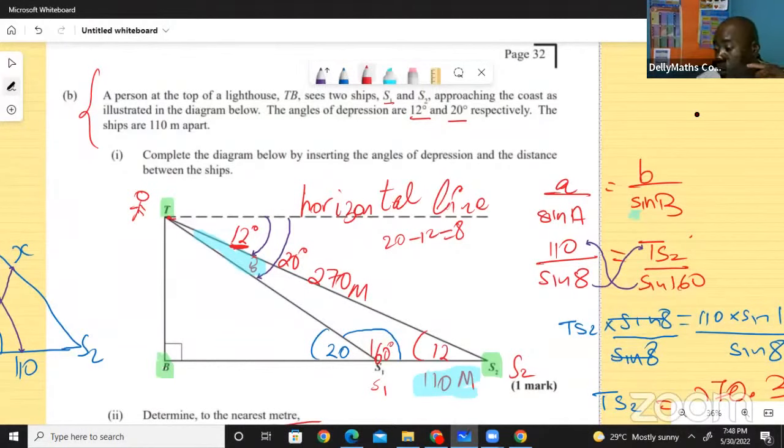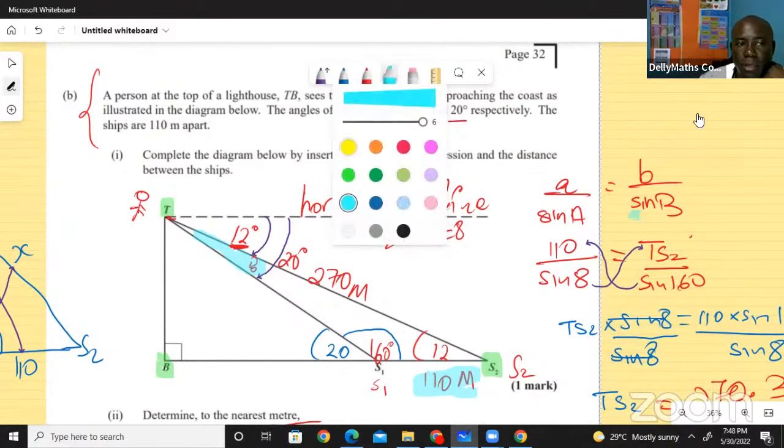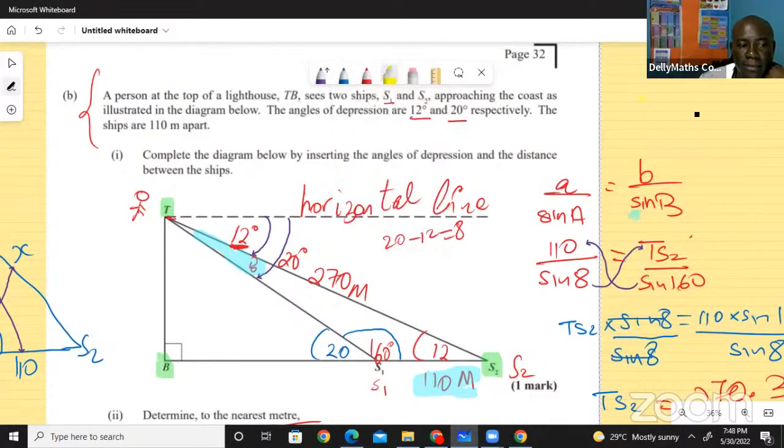Why did I try to find those? I had to find those because they want us to find this length. And when you look at it, you didn't have any measurement to find it.